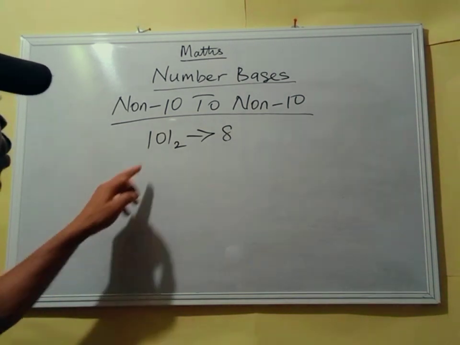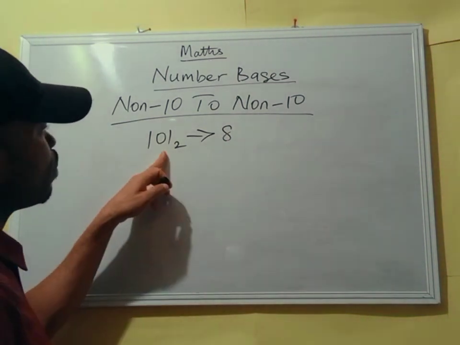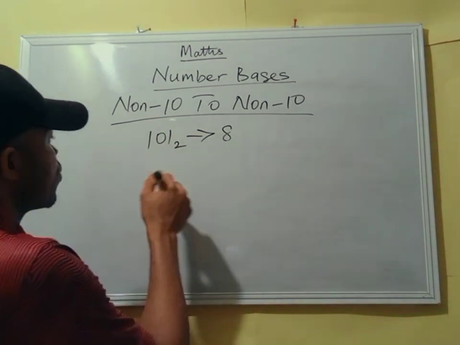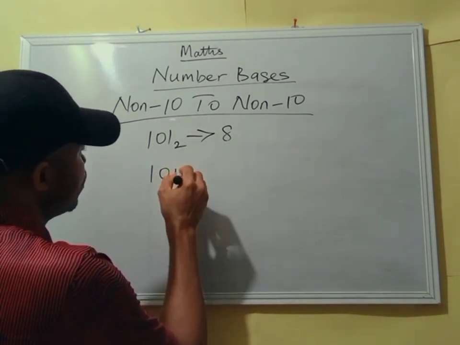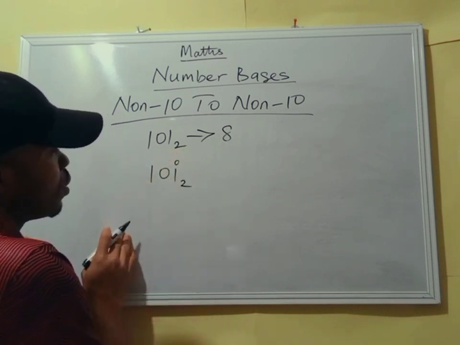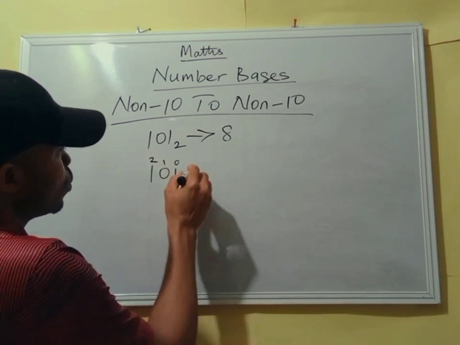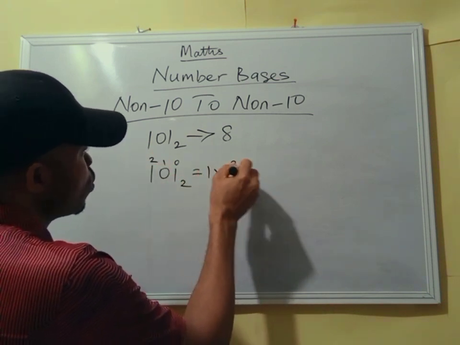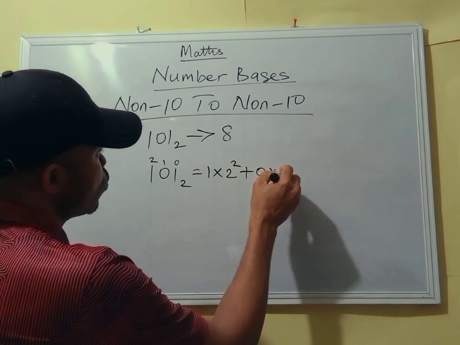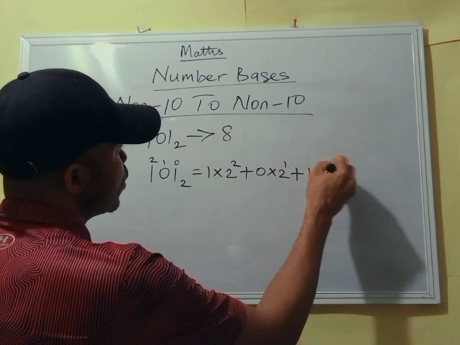So quickly, 101 base 2 to base 8, we take it to base 10 first. So we take 101 base 2. Remember what we did? Unit digits to power 0, tens digits to power 1, hundreds digits to power 2. So that will be 1 times 2 to power 2 plus 0 times 2 to power 1 plus 1 times 2 to power 0.